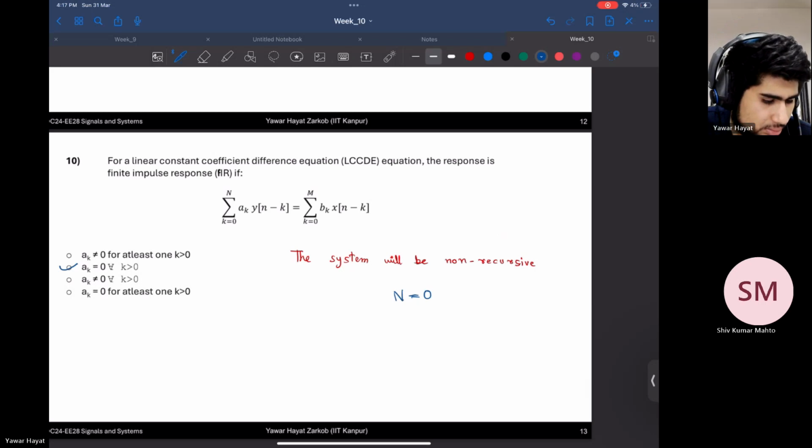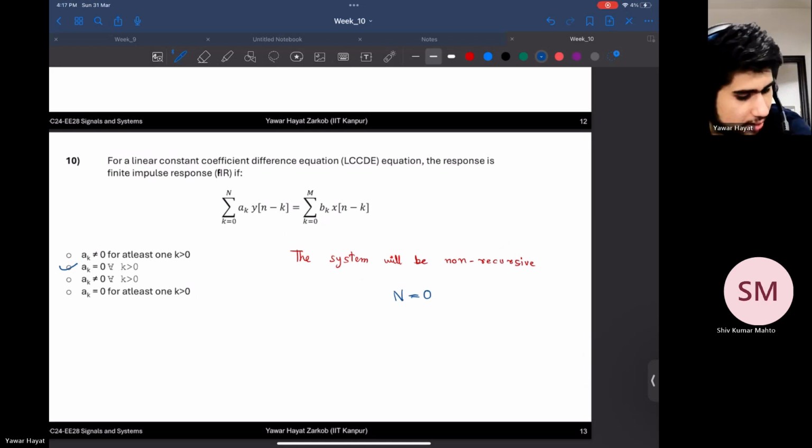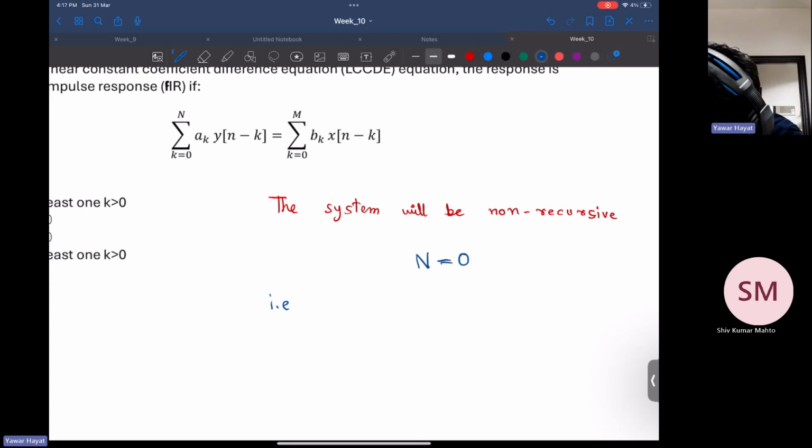Which terms will exist? All the a_k coefficients for k greater than or equal to 1 are 0, so we'll be left with a0 y[n].